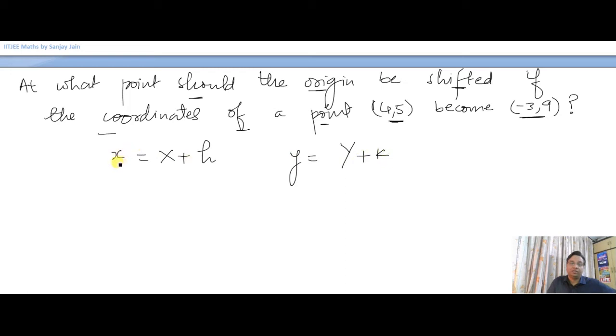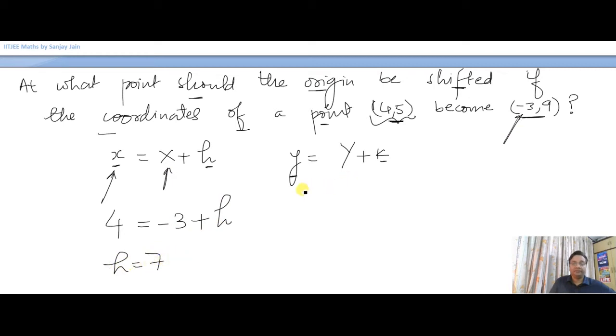These are old coordinates x, y with the origin at (0, 0), and h, k give me the coordinates of the new origin. So I am going to find the values of h and k, where the old coordinates are (4, 5). In place of small x I'll place 4, and capital X is minus 3. So 4 is equal to minus 3 plus h, so h is equal to 7.